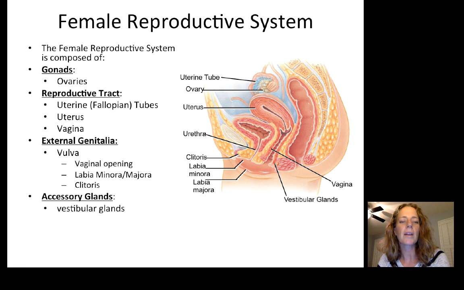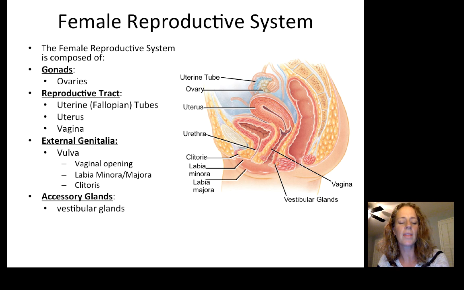For the female reproductive system, we also have the same organization: gonads, reproductive tract, external genitalia, and accessory glands. So the gonads for the females, which are producing the gametes, or eggs, are the ovaries. The ovaries then produce the eggs, and they will be released every month through the reproductive tract.